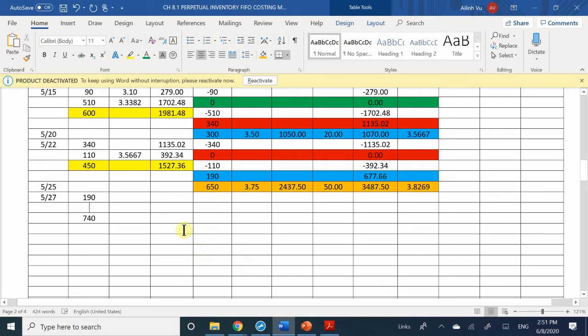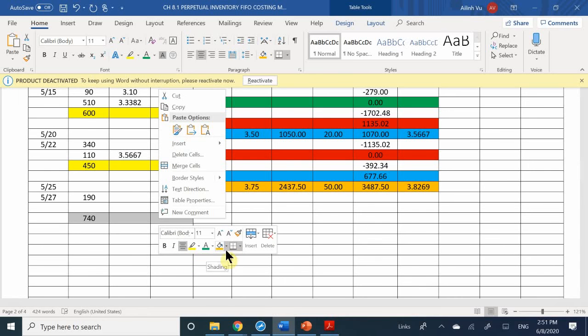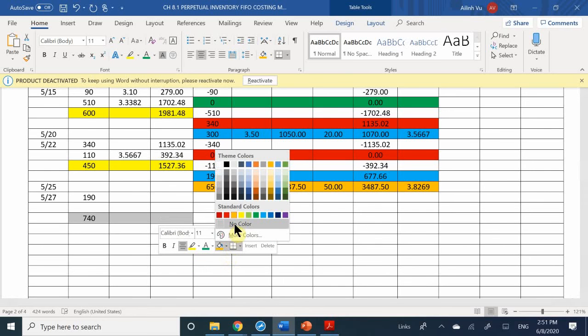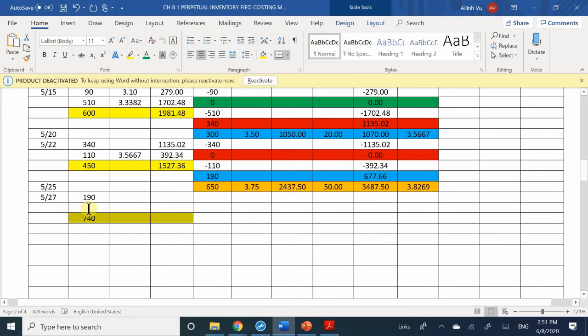So how much are we going to be taking out of the orange batch to get to 740? 740 minus 190 is 550. 550 is correct.